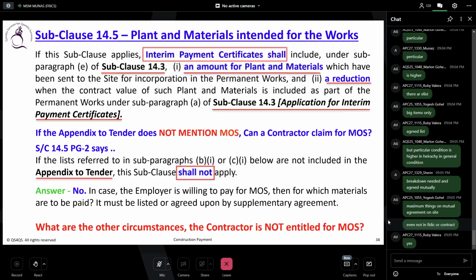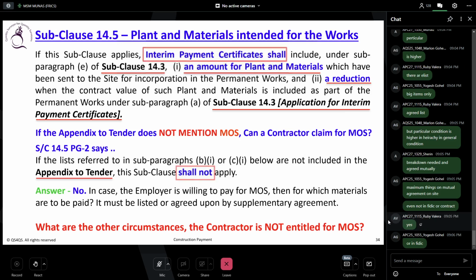He will come and ask you for all the items on the site. That is not our intention. Maximum things on site are based on mutual agreement only, even if it is in FIDIC or not in FIDIC. So you have to have the list.